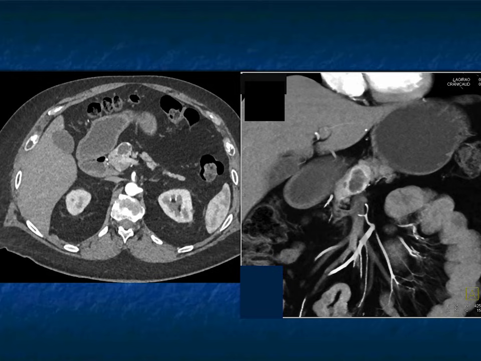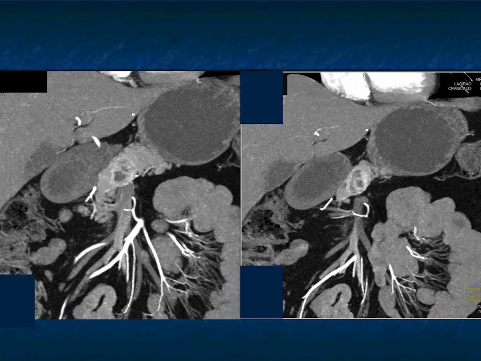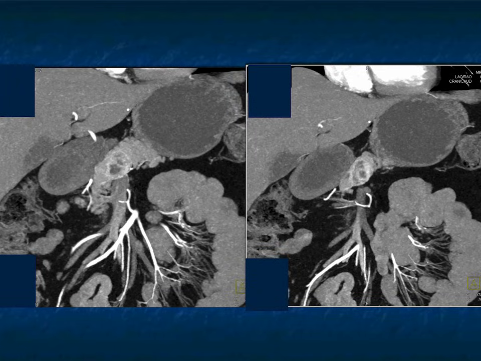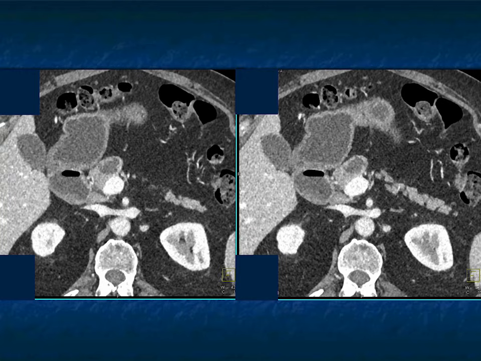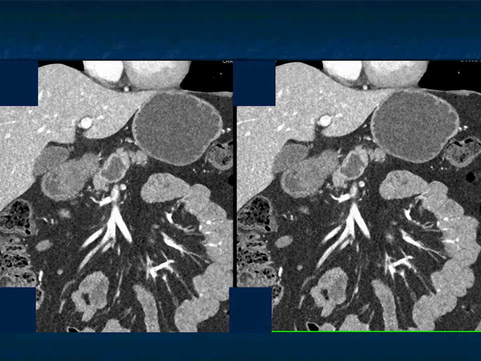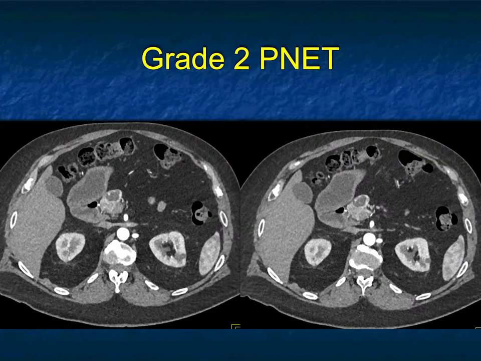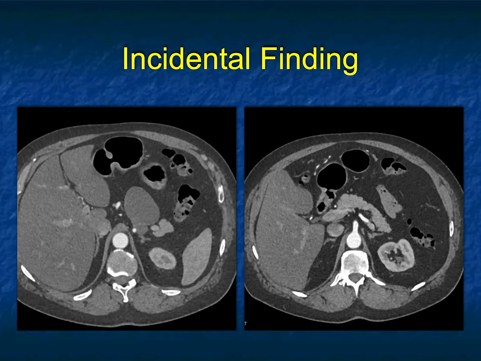And again, neuroendocrine tumors can be small, they can be incidental, they can be functioning, but most of them are going to be incidental findings. Like in this case, there is some atrophy of the distal body and tail of the pancreas. This was eventually biopsied and removed and was a neuroendocrine tumor. So a classic example.